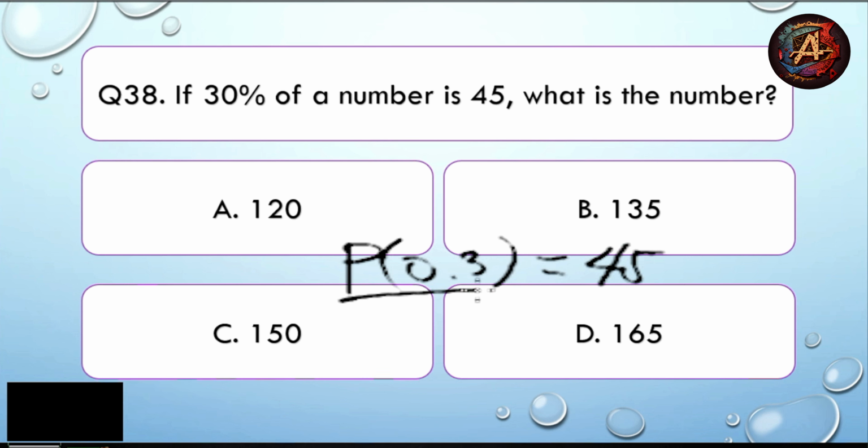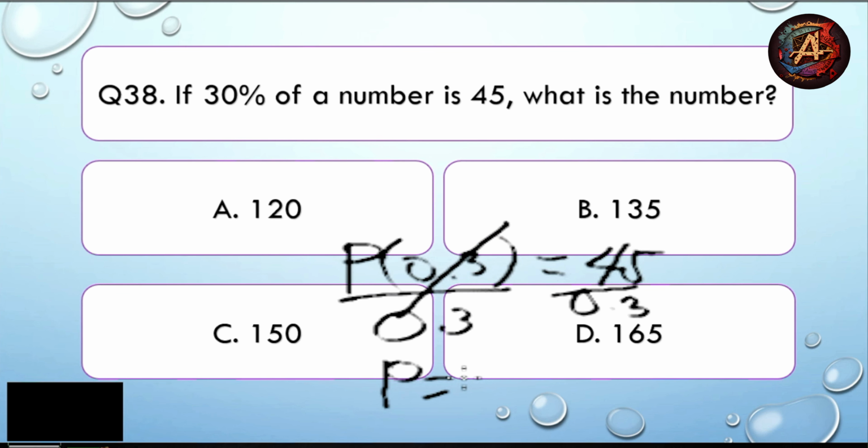In order to get the value of the principal amount, you divide both sides by 0.3. So the process now is 45 divided by 0.3. When you divide 45 by 0.3, you move the decimal point to the right side, giving you 450 divided by 3. So the answer for that is basically 150.